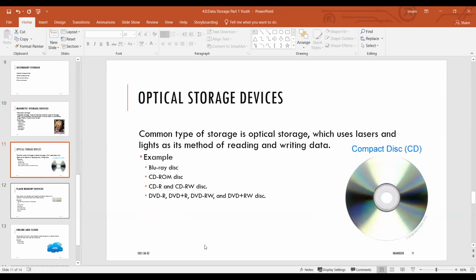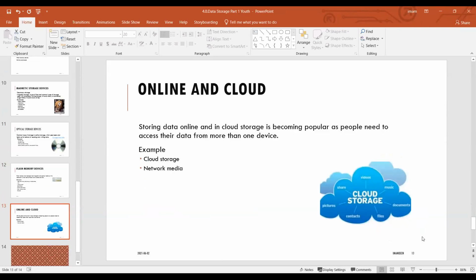But in the modern world, we use drives and the cloud, Google Drive, like that. So in future, we will be moving to this cloud system, drive systems.